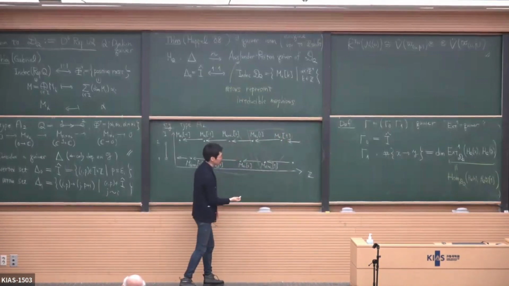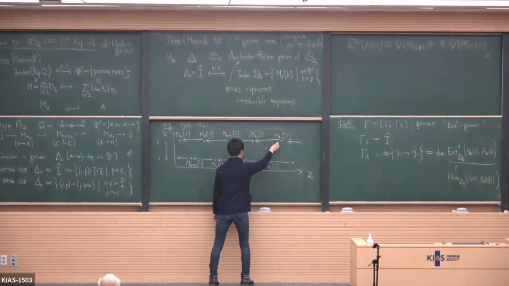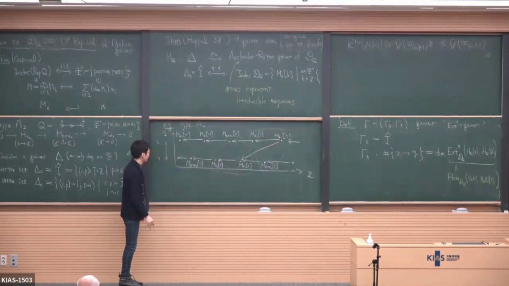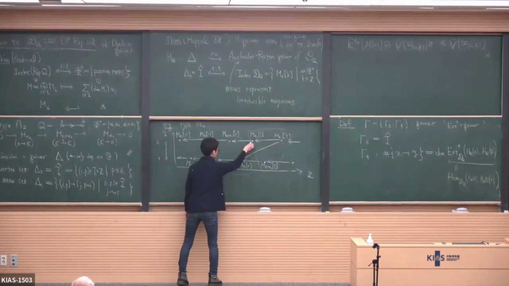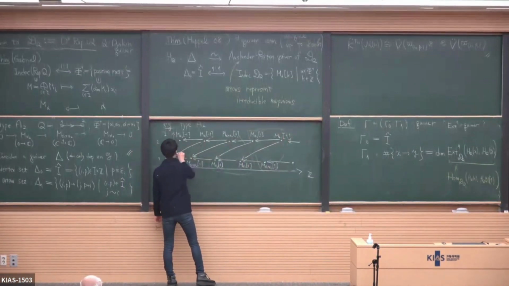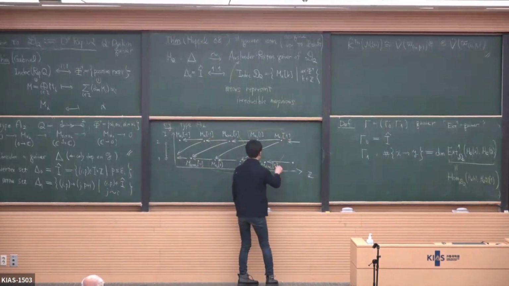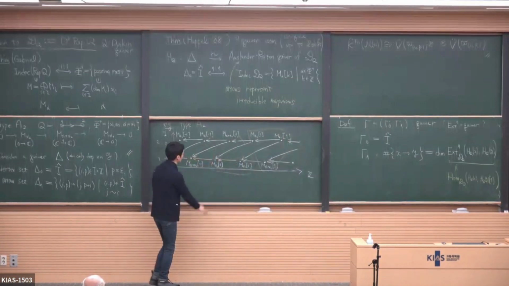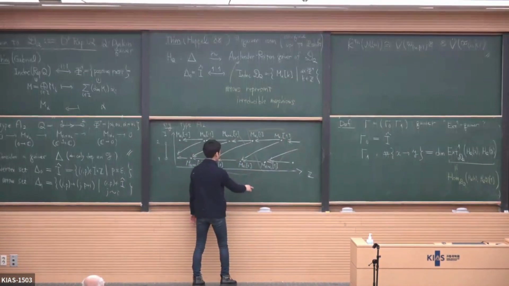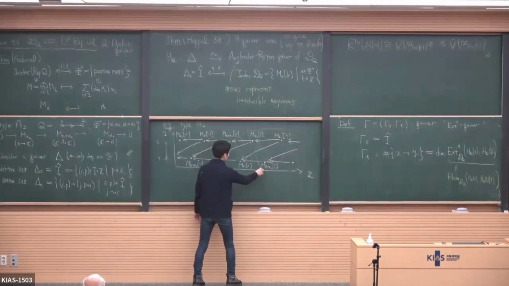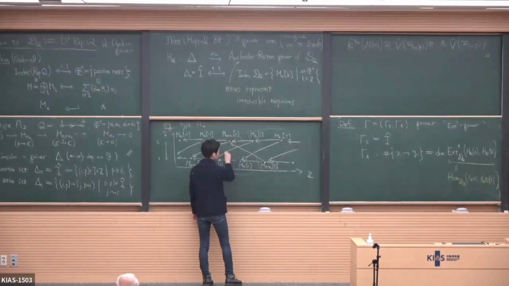Sorry, maybe opposite. Yeah, opposite, sorry. So from here to here, we have an Ext^1 in the derived category. And by symmetry, we have these arrows like this. And also from here to here, we also have Ext^1.